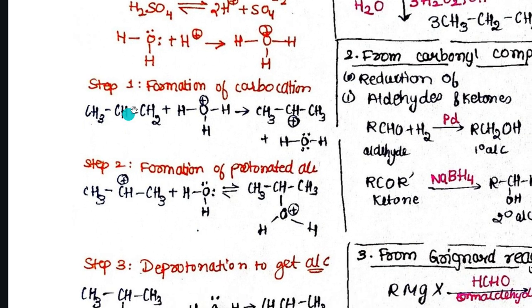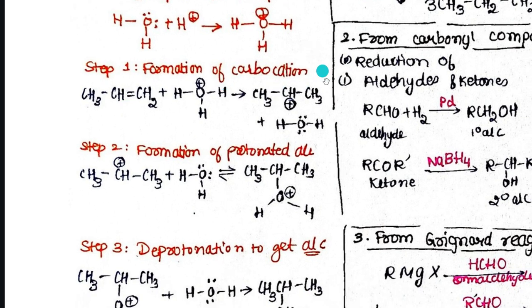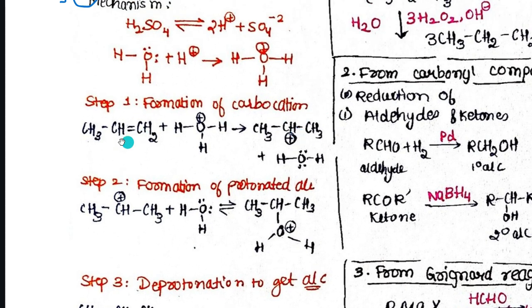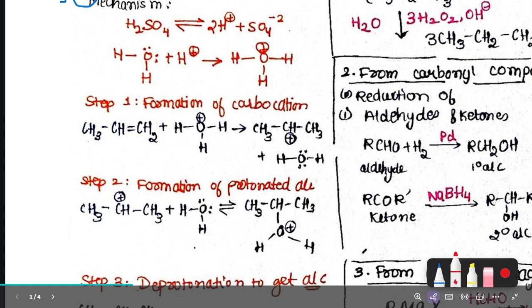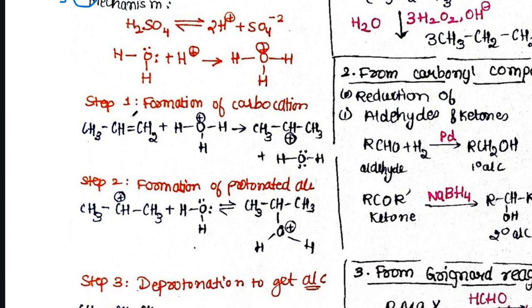Then step one is formation of carbocation. This is my alkene. Adding this hydronium ion to this alkene, the double bond would be broken, and one hydrogen will be added to this.